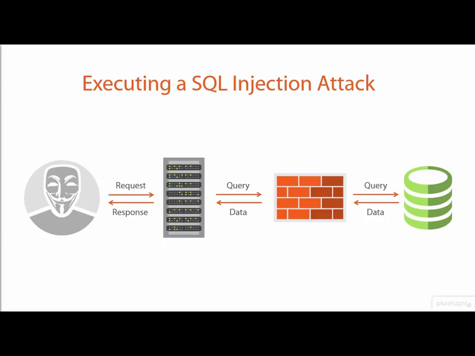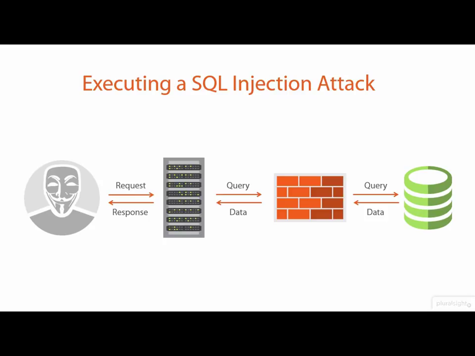But in this case, the request is very carefully crafted to be malicious, to execute an attack within the database, so it becomes a very specially crafted query, and then return data which the application didn't intend to be returned back out via the HTML response to the attacker.